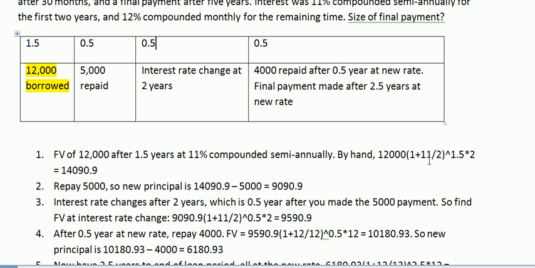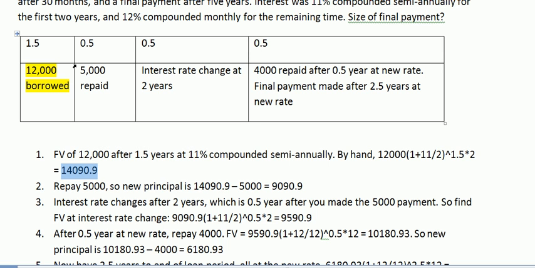I haven't put in the exact numbers here. So that's 11 over 2, which would be 0.055. I'd like you to do that yourself, and also to make sure that you can see why n is 1.5 times 2. This gives us a future value of 14090.9.